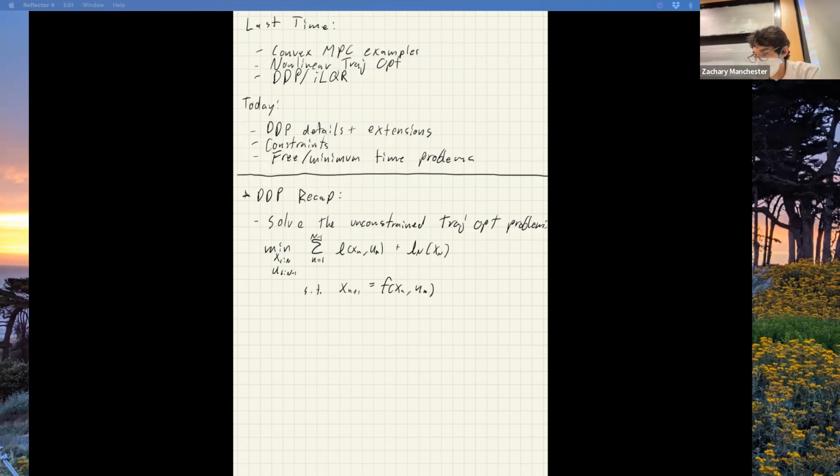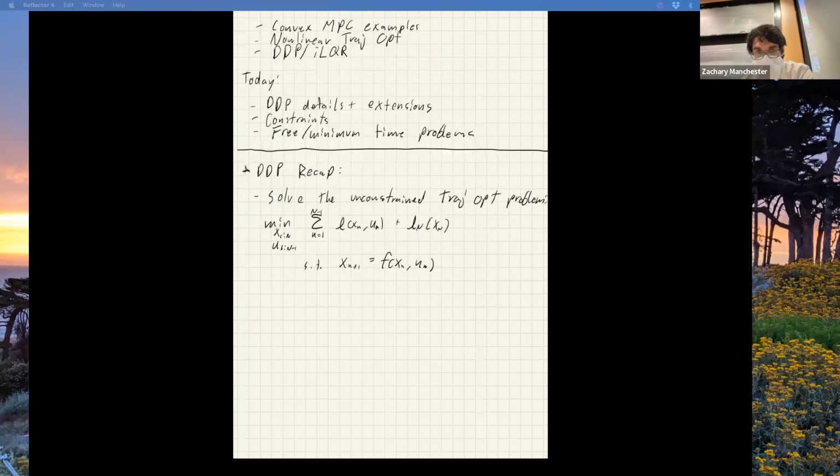One way of thinking about the whole DDP ILQR thing is that it's an efficient sparse matrix technique for solving this specific problem, which has some really specific structure to it, right?